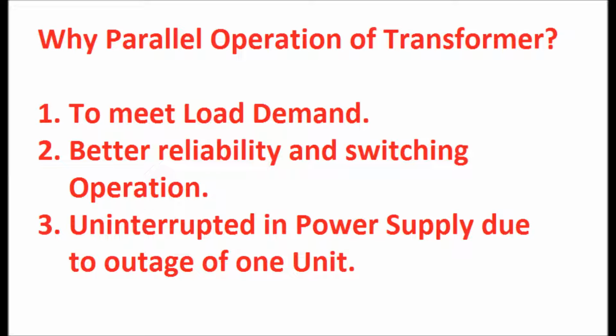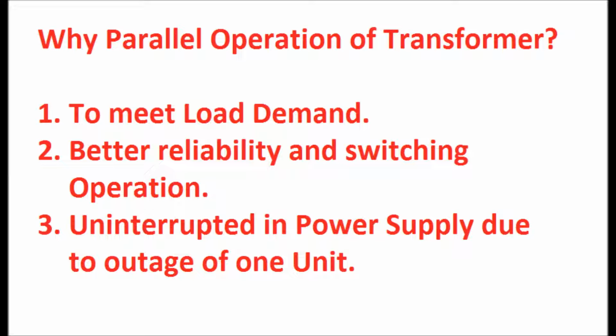Number three is that uninterrupted power supply can be maintained despite the outage of one transformer unit. For instance, two or three transformer units are running in parallel, and due to a fault in any one of the transformer bays, that transformer will be in breakdown condition. For example, in the transformer bay, one CT or LA bursts.